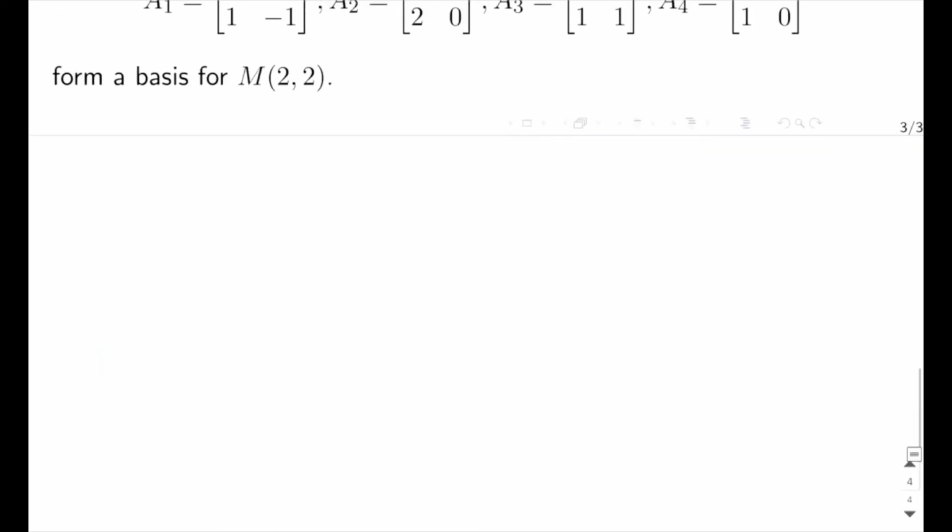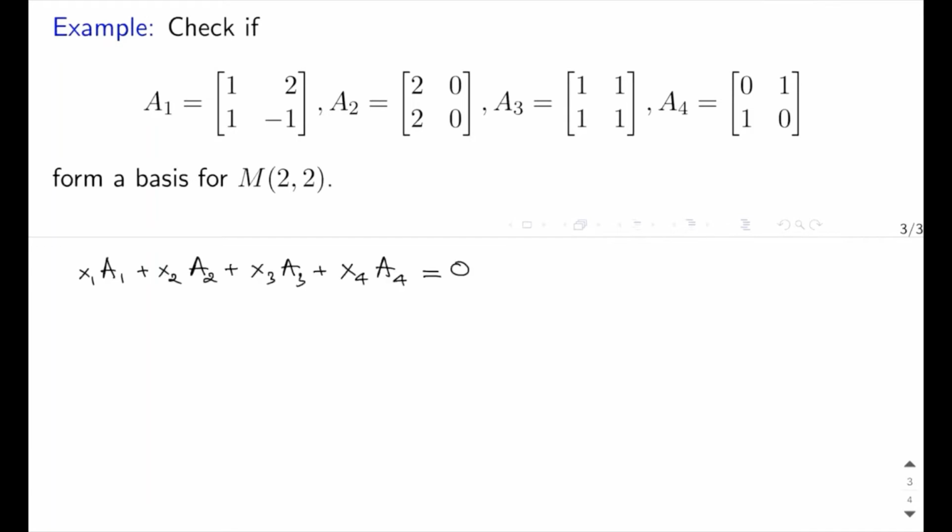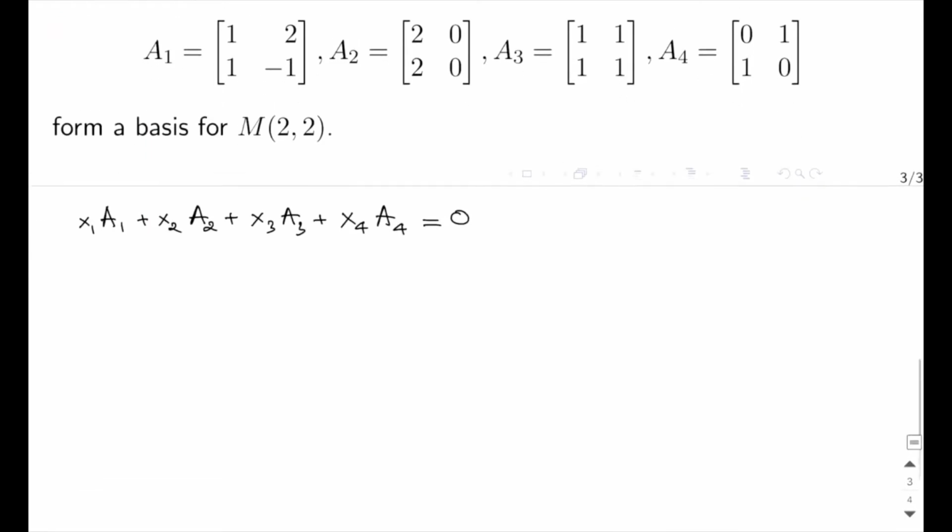Now, if you want to check for independence, then you will have to first write down the dependency equation. You need to solve the dependency equation and see how many solutions you have.